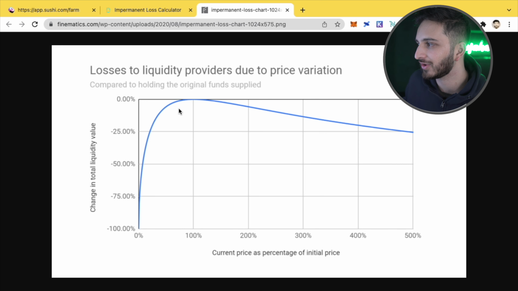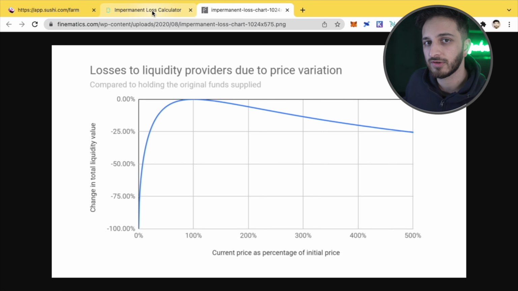It's only when we go to extremes of prices. So if Ethereum somehow dropped minus 80% in value, or if Ethereum somehow did a 500% or 400% gain in value, that we really notice the impermanent loss here.